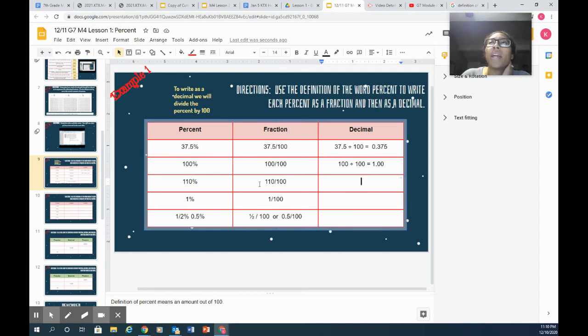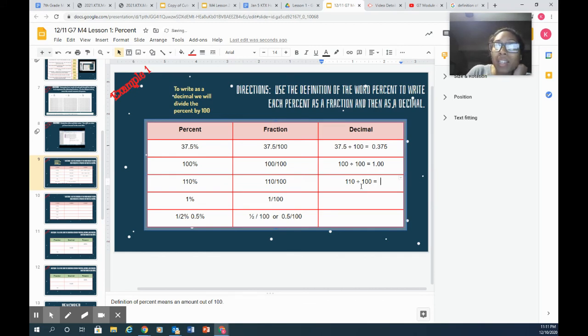So now you try it. How do you think we would write this 110% as a decimal? Pause the video and then hit start after you've come up with your answer. All right, so we've got 110%. And yes, we are dividing this by 100. All of our digits are going to shift two place values to the right, decreasing in value.